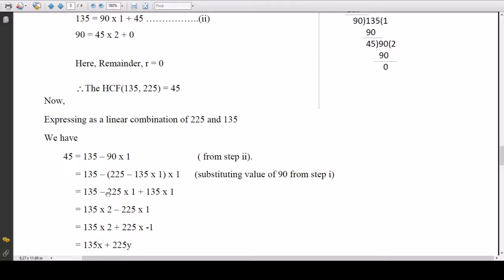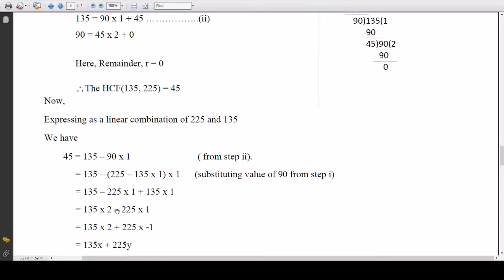Now minus this 135 you have taken, minus 135 is only once, isn't it? Multiply only once. Now 135 multiply 2, what you will do, this sign minus you change to plus.